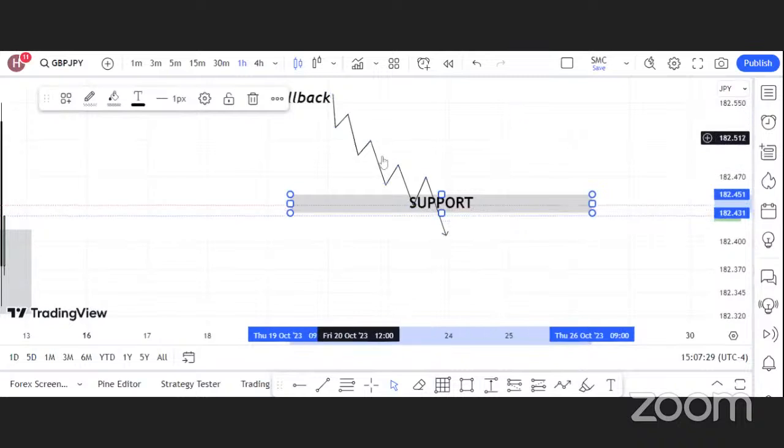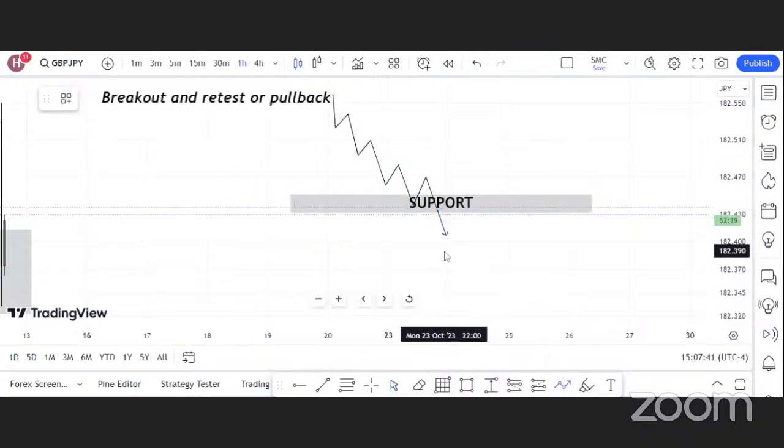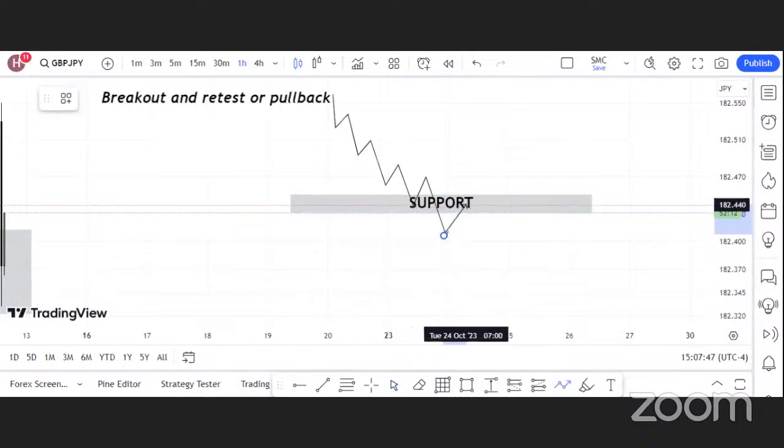The market was coming down when it touched support. We were expecting the market to go up, but instead it went up a little bit, then broke the support. So now that the support got broken, it is now a resistance. Anytime a support gets broken, it turns to a resistance, and anytime a resistance gets broken, it turns to a support.